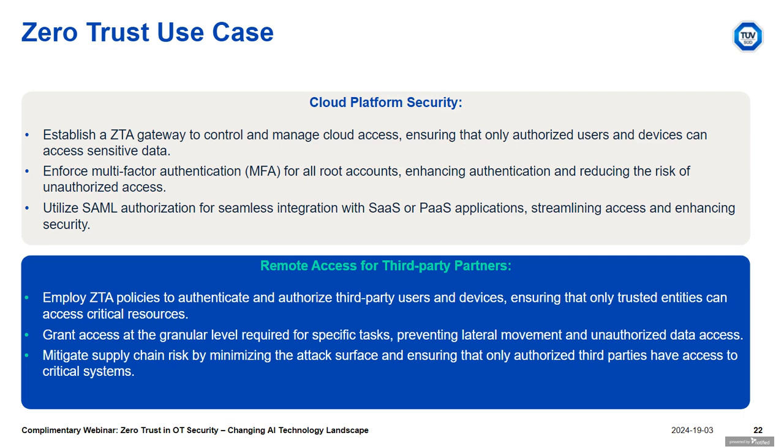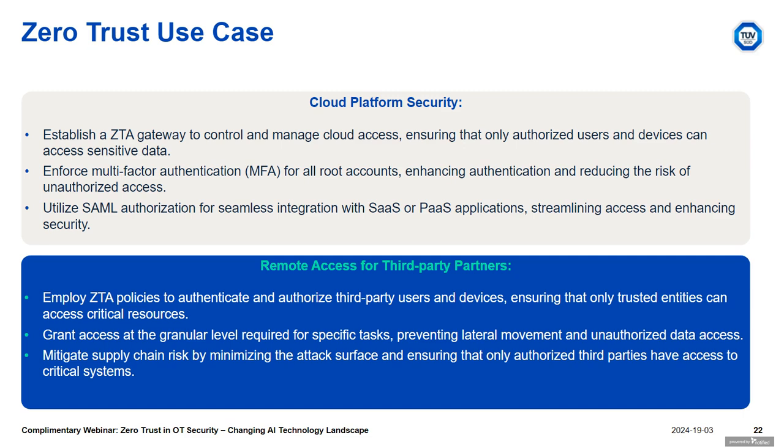It is important to follow the principle to manage any supply chain risk, minimizing the attack surface by only authorizing access to certified, approved third parties and providing restricted access to these critical systems. And that's how zero trust is becoming a more and more vital approach toward OT cybersecurity.